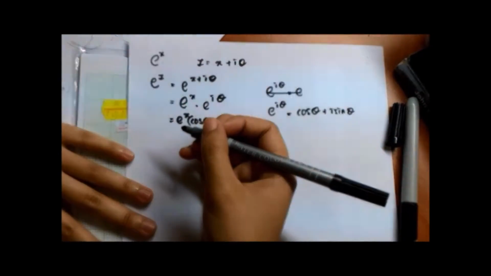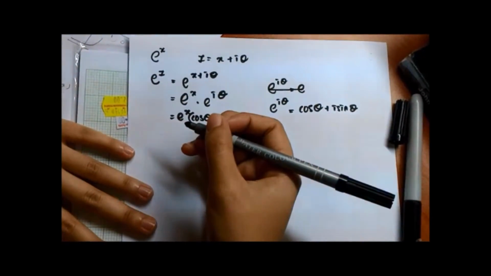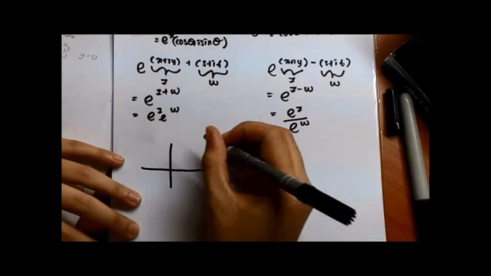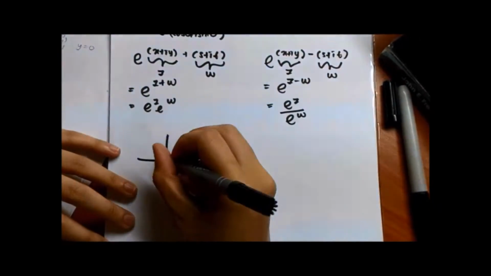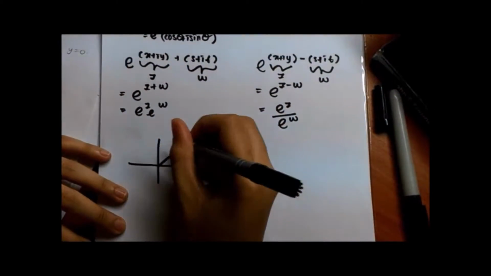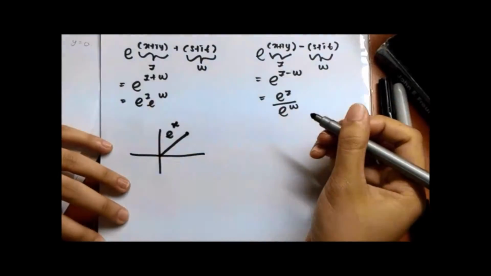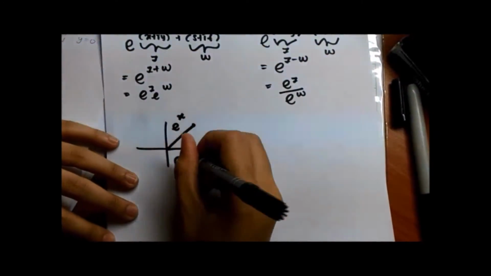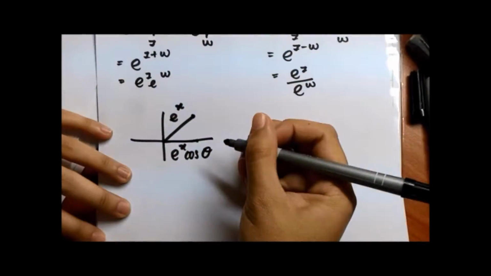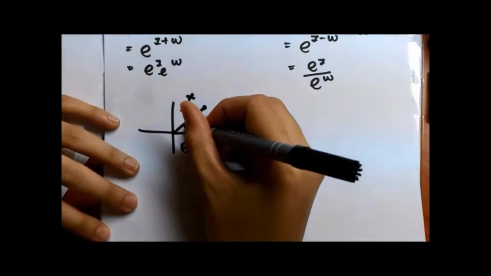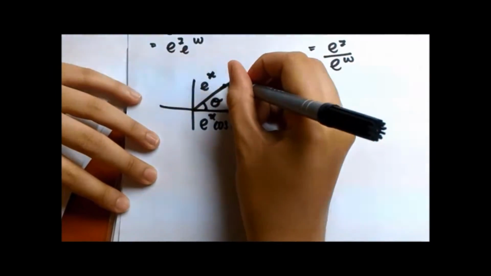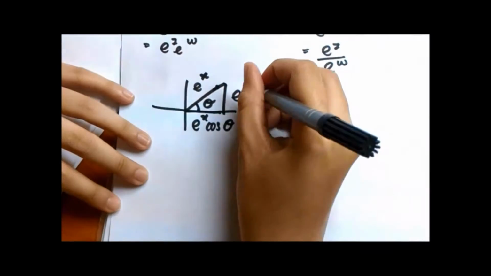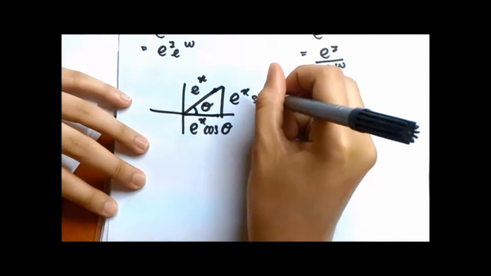Next, we talk about the properties of the exponential function. We look at the graph. Firstly, we assign that this is the point. Now, the length here is e to the power of x. The x-axis here is e^x cos theta. Before that, we should know that this is theta. Then, the y-axis is e^x sin theta.